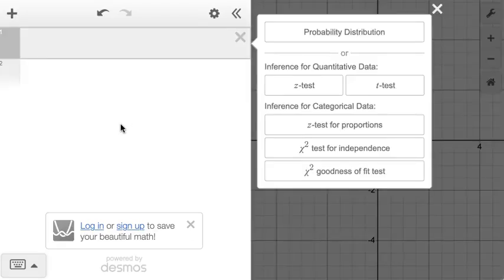Confidence intervals are one type of statistical inference, and we have quantitative data, so we need to choose one of these options. One technical note is that we should choose t-test if we are not given the standard deviation of the whole population, which realistically is usually the case. So we're going to use t-test because we were not told the standard deviation for the whole population.